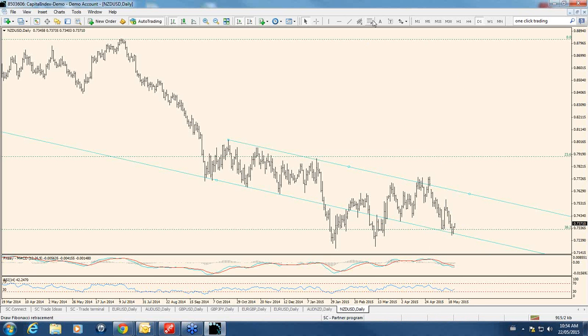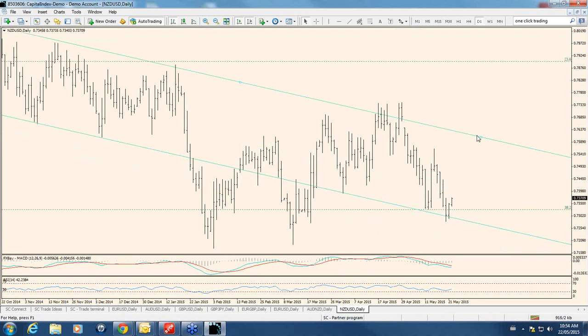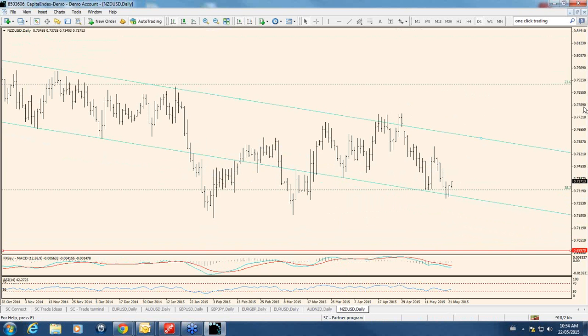So if we want to now zoom in a little bit on that, we can see, well, just looking at the bigger picture, we sort of have a head and shoulders in here. It's a double kind of head, which is a little bit more advanced, but that would be one.